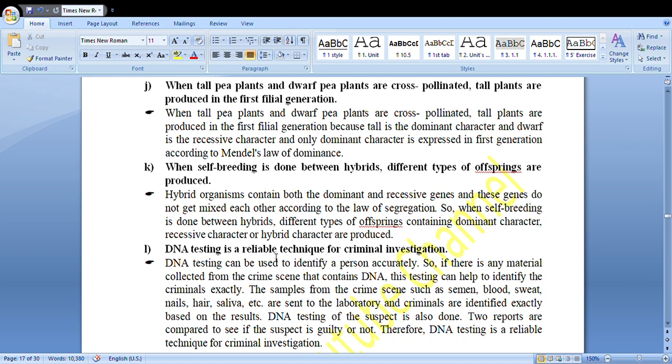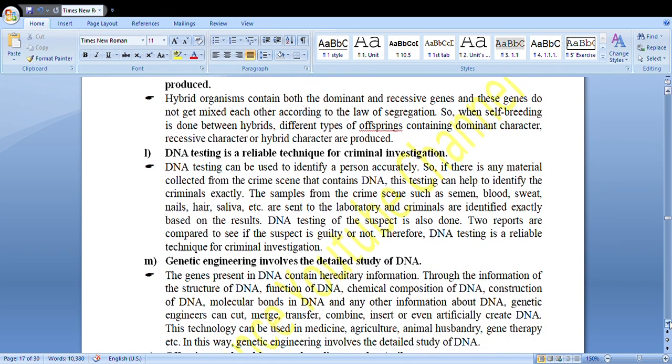DNA testing is a reliable technique for criminal investigation. Yes, it is true. DNA testing is used to identify a person accurately. So if any material containing DNA is collected from the crime scene, this testing can help to identify the criminal exactly.